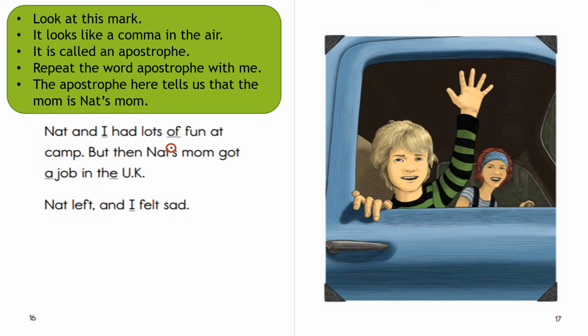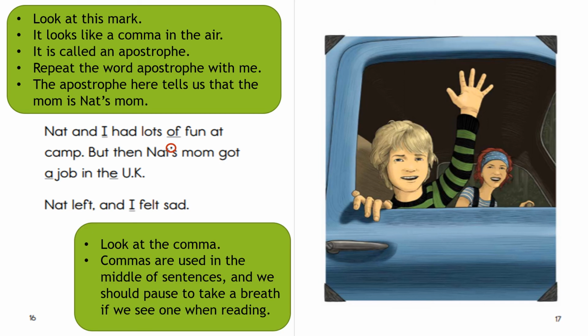This mark is called an apostrophe. Say apostrophe. That's a hard word to say. The apostrophe tells us that the mom is Nat's mom. So an apostrophe shows that something is belonging to someone.